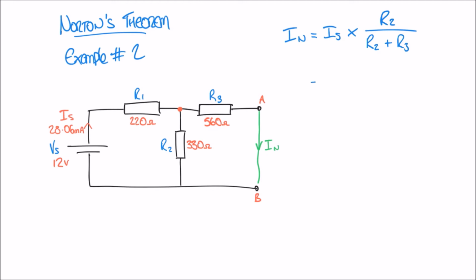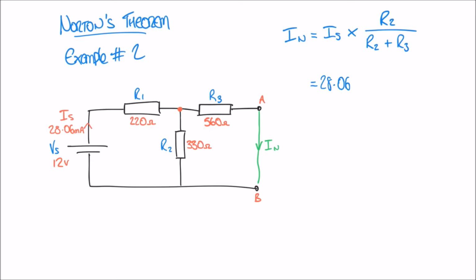So let's put some numbers into that equation, because we know that IS is 28.06 milliamps. Now, I could express that as 28.06 times 10 to the minus 3 if I want to use SI units. But in this case, if I put my supply current as milliamps, then I'll simply get my answer in milliamps.